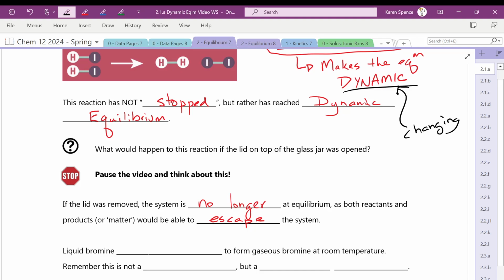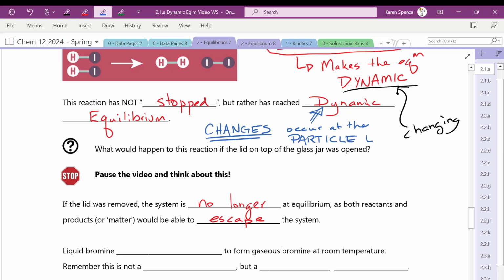Does that make sense? Okay, so changes occur at the particle level, even though we can't see any macroscopic or observable changes.